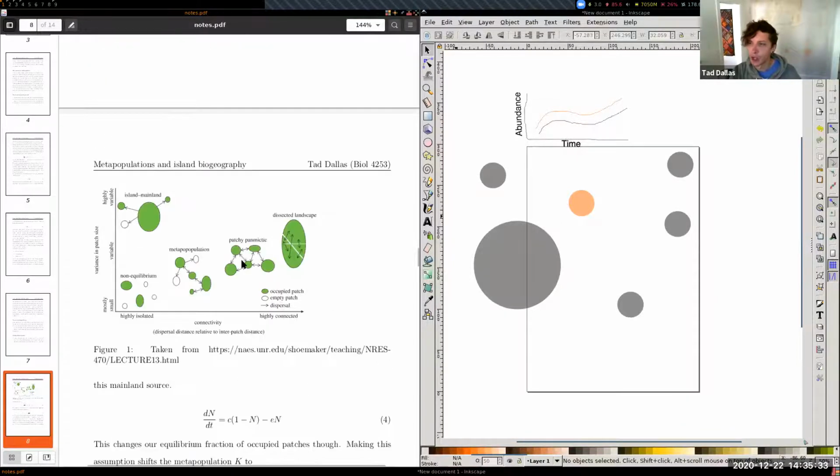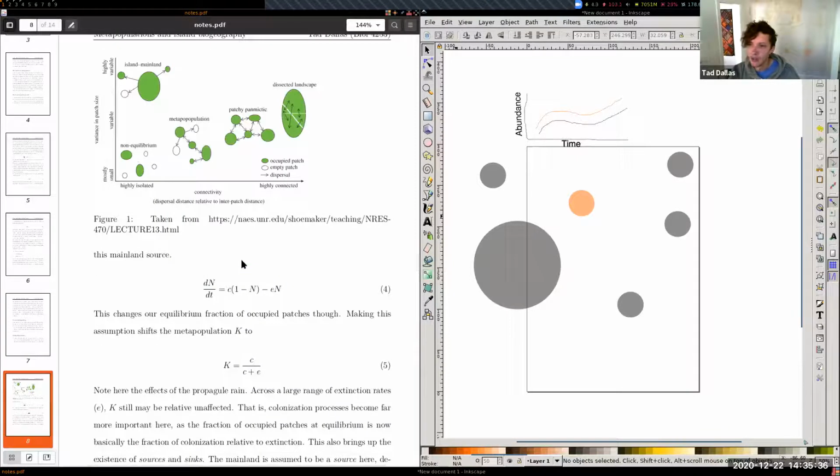All right, and so we can look at the mainland-island model as a special case of the Levins model, where we're still tracking the fraction of occupied patches, capital N, but now the colonization rate doesn't depend on the current N. Before it was cN times (1 minus N). But now the fraction of occupied patches doesn't matter.